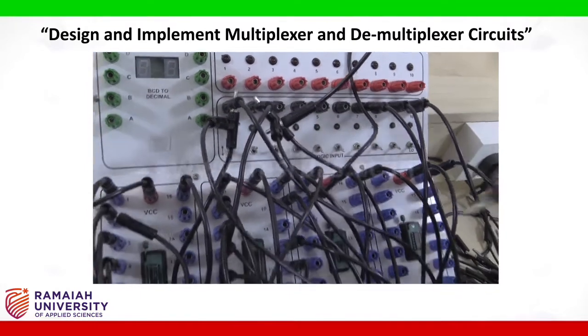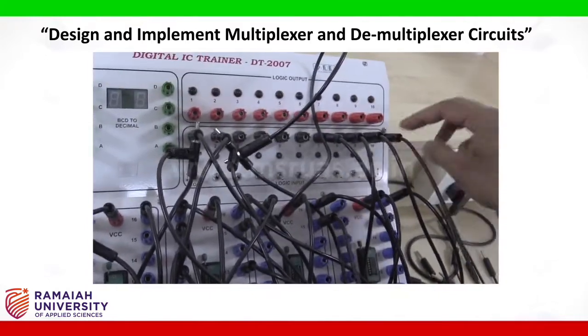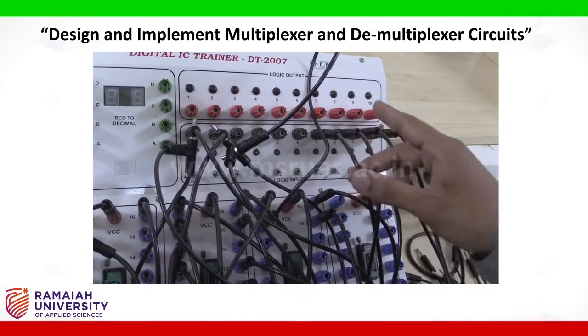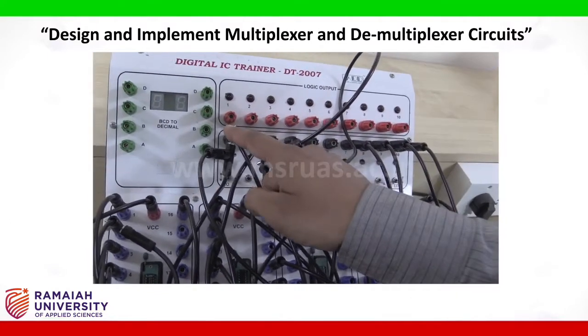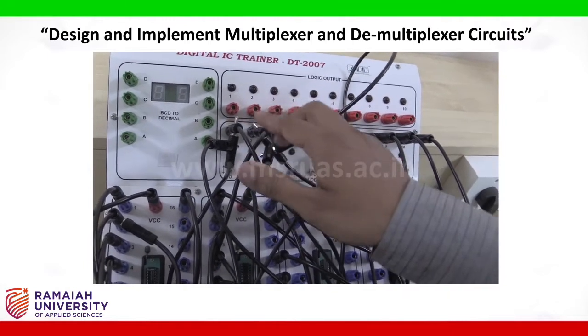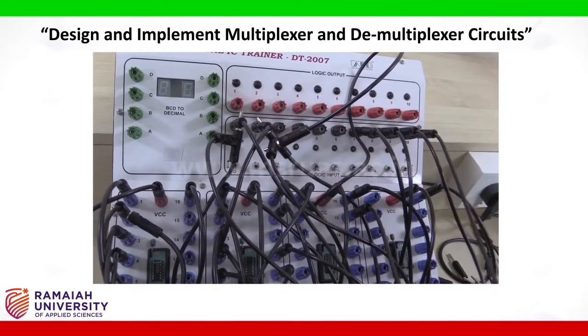Pin number 13 is connected as one more input, that is I3. So there are 4 inputs, I0, I1, I2 and I3, and 2 select lines S1 and S0. Based on the selection of S1 and S0, these inputs will be chosen.